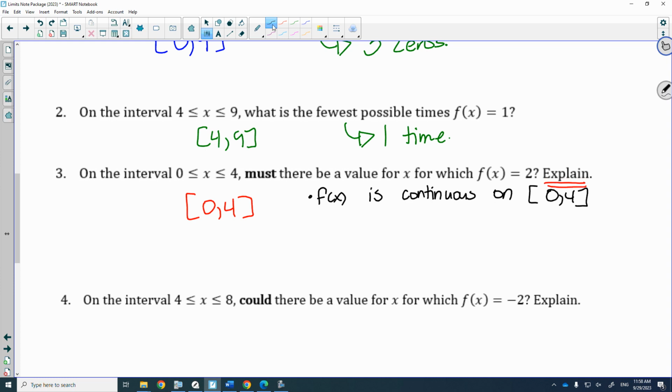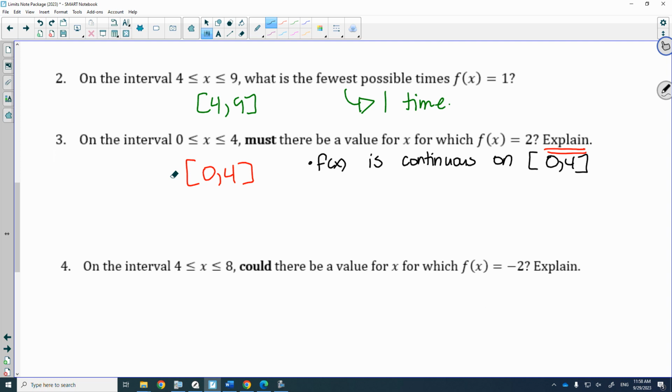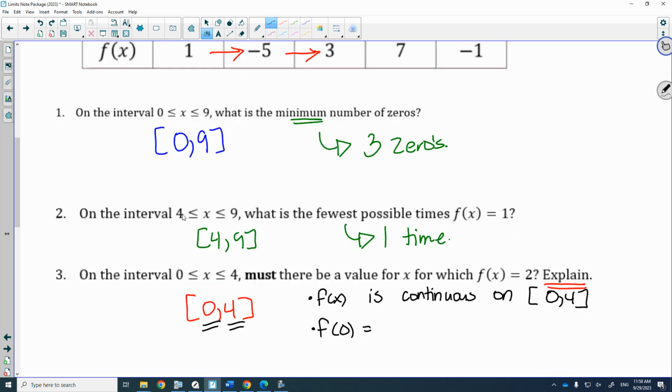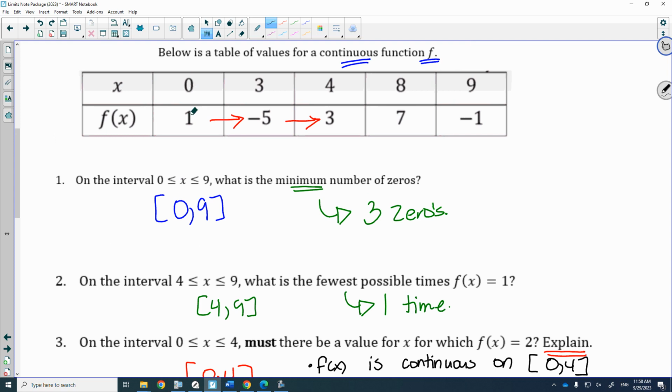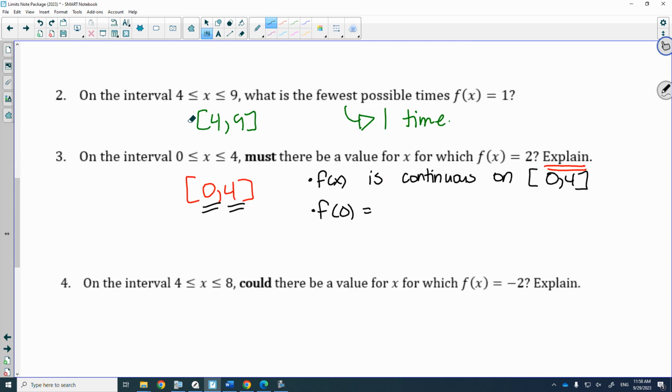Then remember, we always talk about points. So we always talk about f of a and f of b. So f of 0, what's f of 0 according to my graph? f of 0 is 1. And f of 4 is what? Is 3.